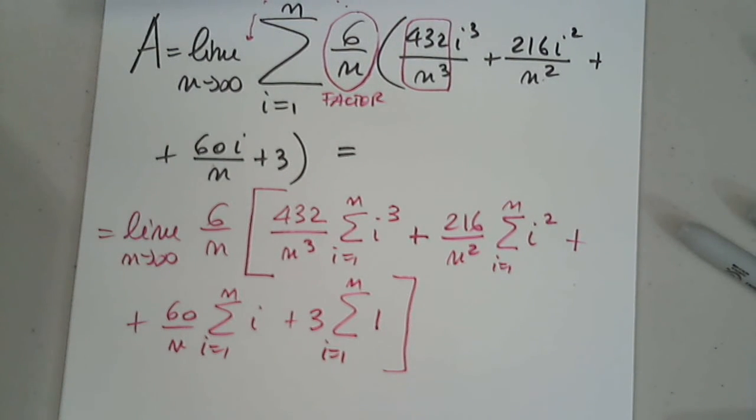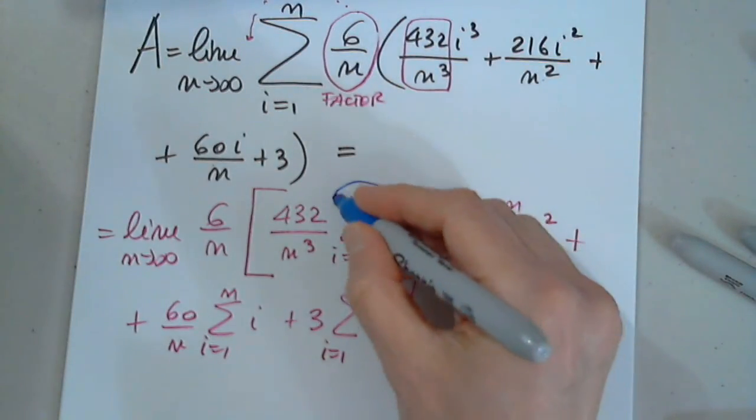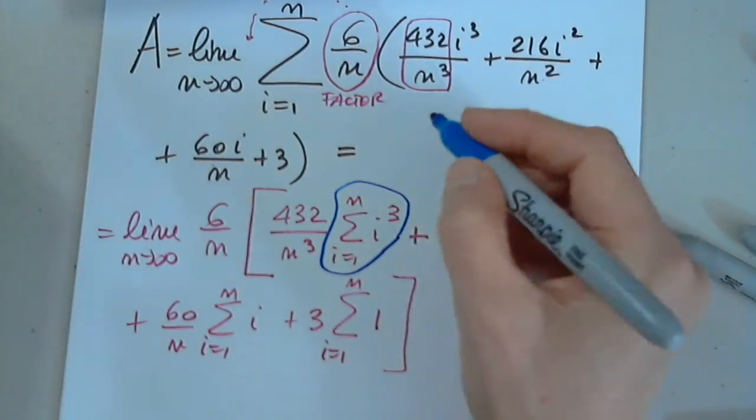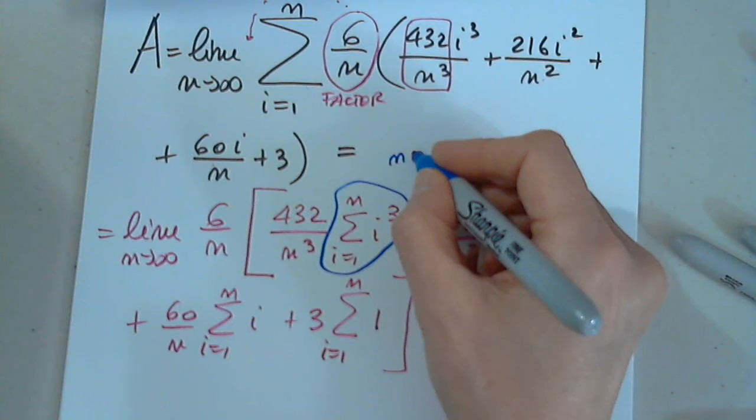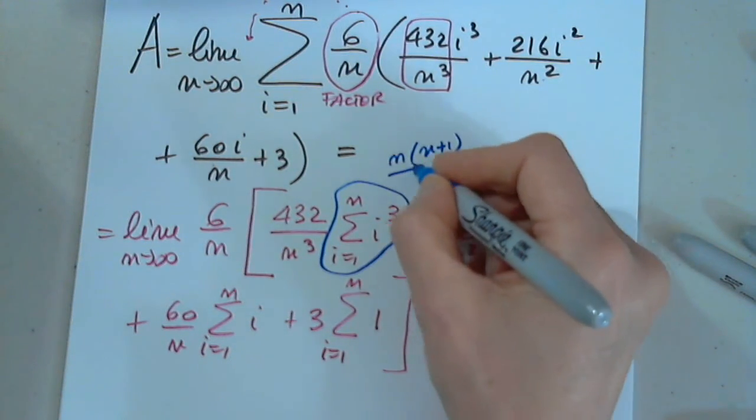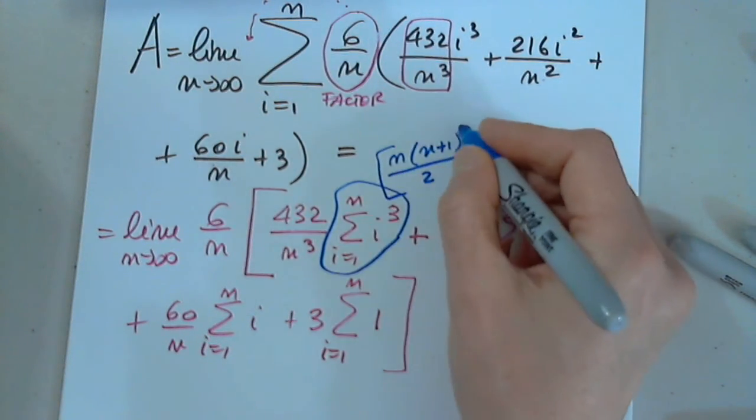And as you see, we are now using all the identities. This will be replaced by n plus 1 divided by 2, everything squared.